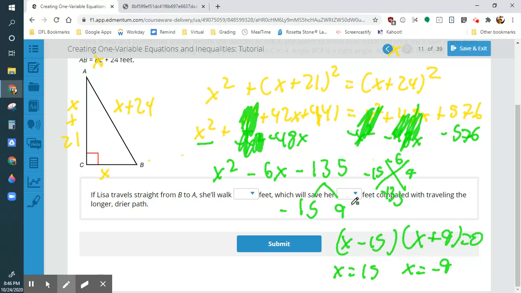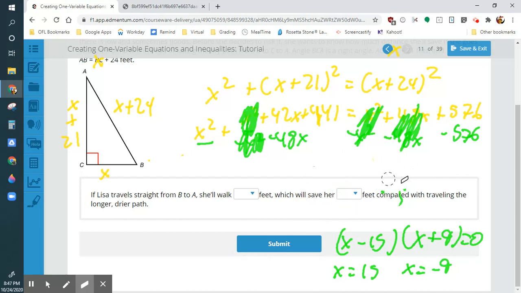All right, cool. So from here, let me erase all of this because it's all in my way, essentially. So our x is equal to 15. We're going to put 15 here.